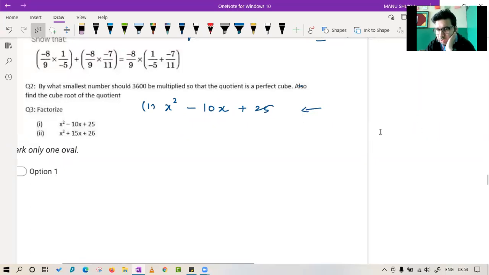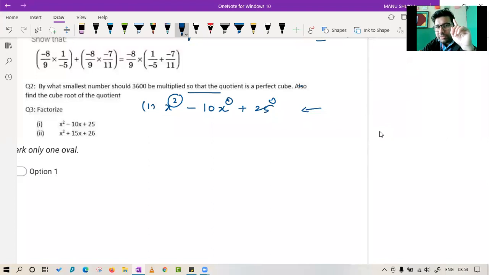Class, this is because maximum power is coming first, then minimum power. So these are descending powers, so this is a correct order. In this correct order, this is the middle term.